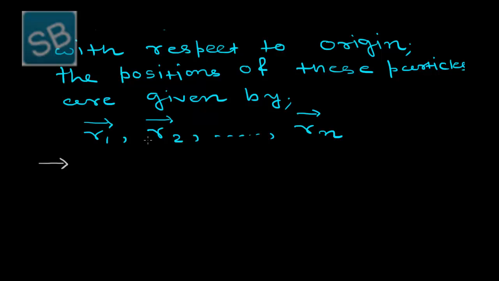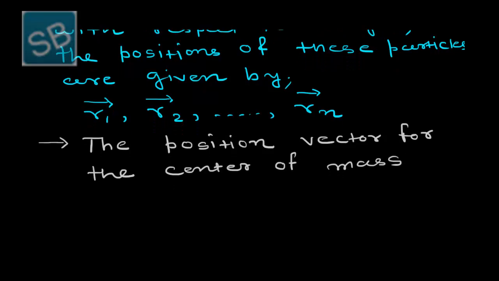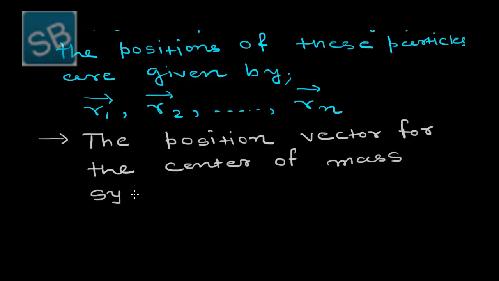Now, the position vector of the center of mass for a system of n particles is very similar to that in 1 dimension.